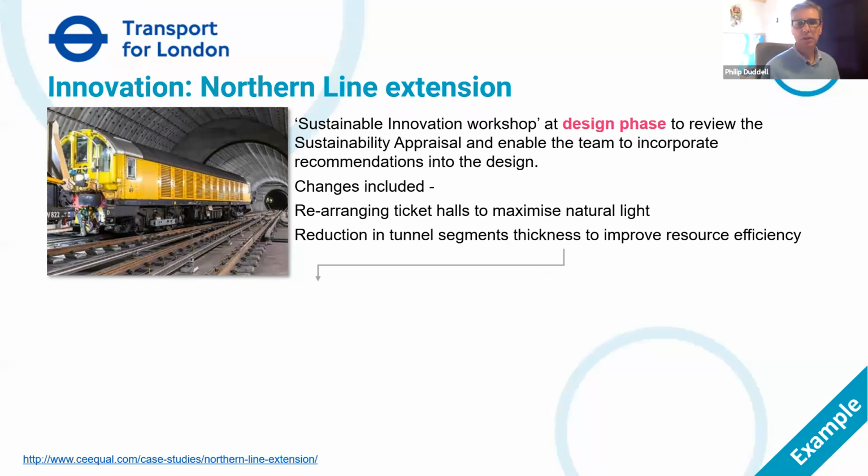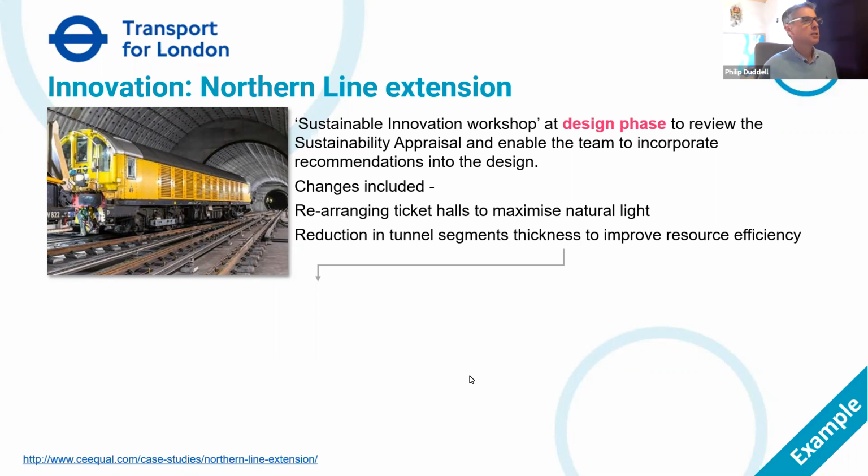So this was an approach by saying to the market, okay, we're going to operate a sustainable innovation workshop. We need to understand internally and externally what the possibility is to reduce the use of materials and to improve the delivery of this tunnelling that needs to take place as part of the Northern Line extension. And how could we do that?